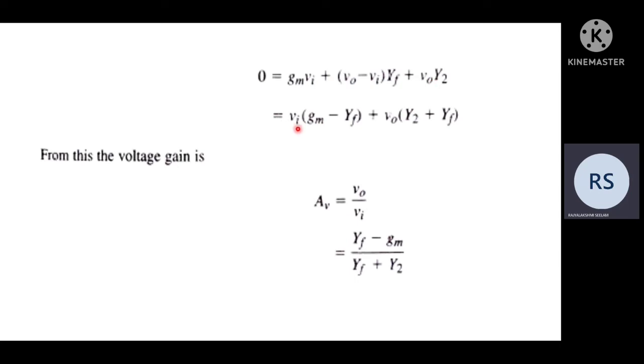This gives Vi (gm minus YF) plus V0 (Y2 plus YF), taking Vi and V0 common. So the voltage gain AV equals V0 by Vi, which equals (YF minus gm) by (YF plus Y2).